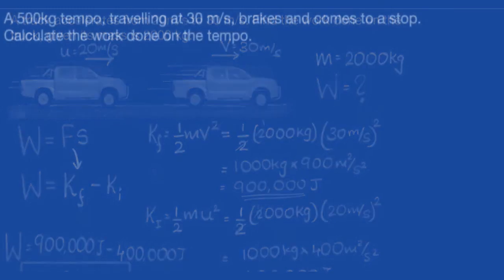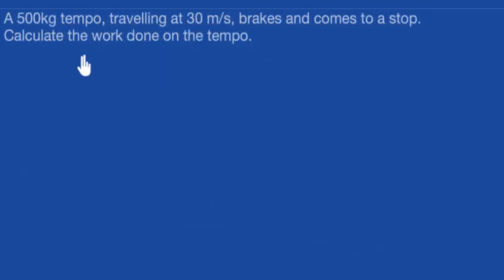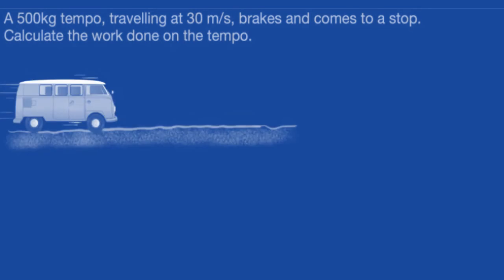All right, let's try one more. It's a pretty similar problem, so it's a good idea to pause and see if you can try it yourself first. All right, a 500 kilogram tempo traveling at 30 meters per second brakes and comes to a stop. Calculate the work done on the tempo. So it is initially traveling at 30 meters per second, so that is the initial velocity.